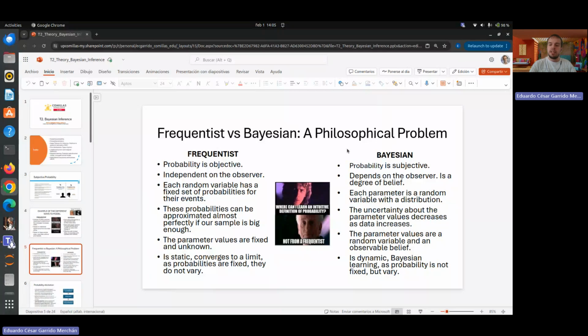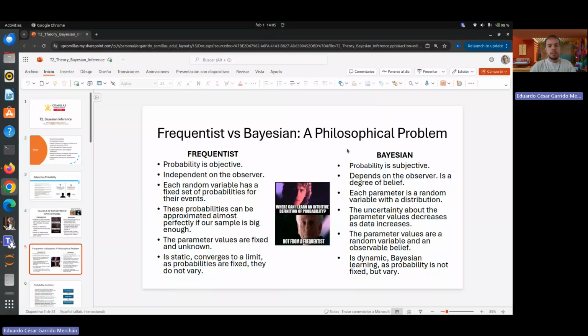It only exists in the mind of the scientist, and it's basically a number that is estimated using previous knowledge or previous beliefs. Whereas in the case of the frequentist, the probability is independent of the observer. It's something that exists in the physical world, so to say.